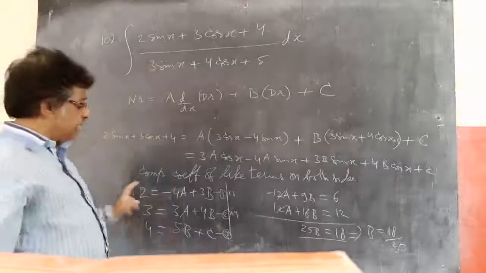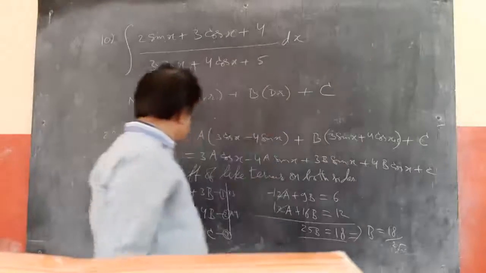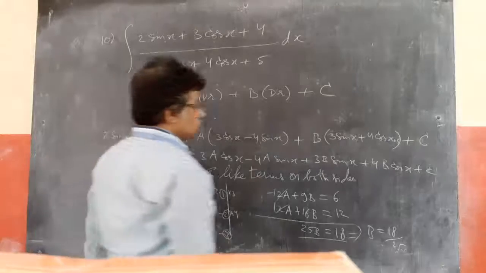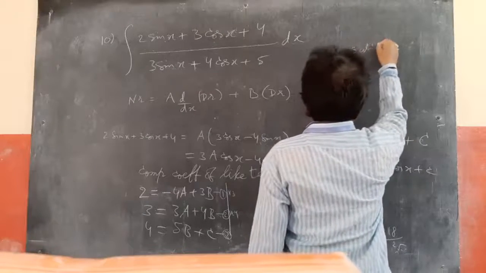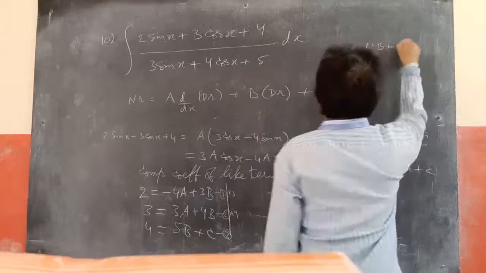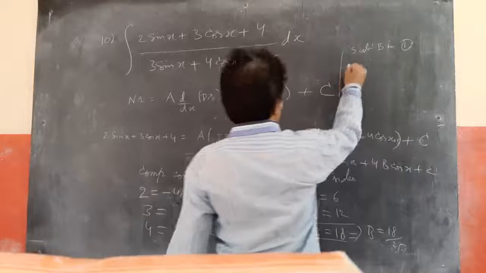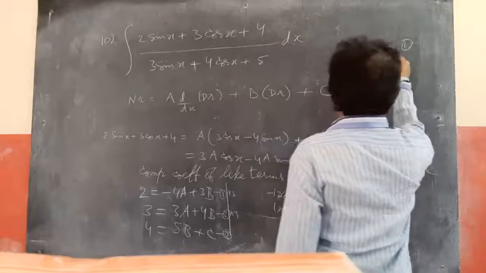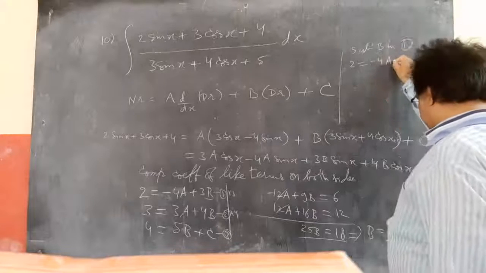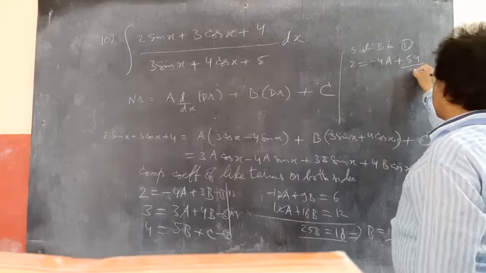Now substitute b in any one of the two and you will get the a value. Substituting b in equation 1 gives you a. So 2 equals minus 4a plus 3b, that is 18 3s are 54 by 25.